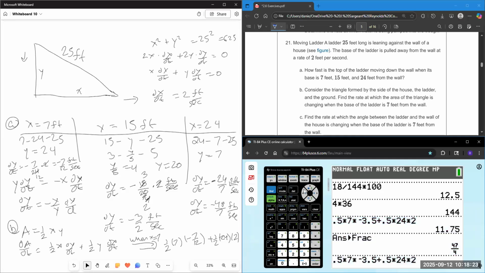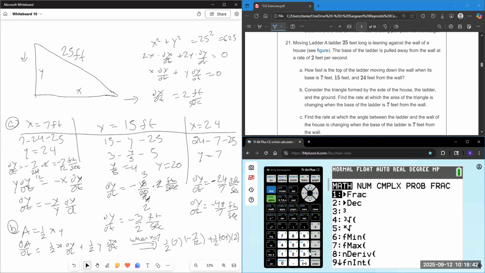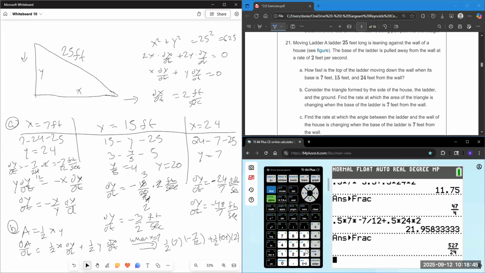So this is -7 divided by 12, so plus. There we go. So that is going to be 527/24, and this is square feet per second.